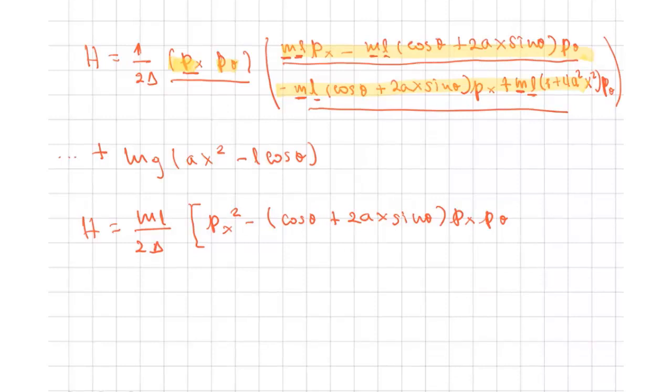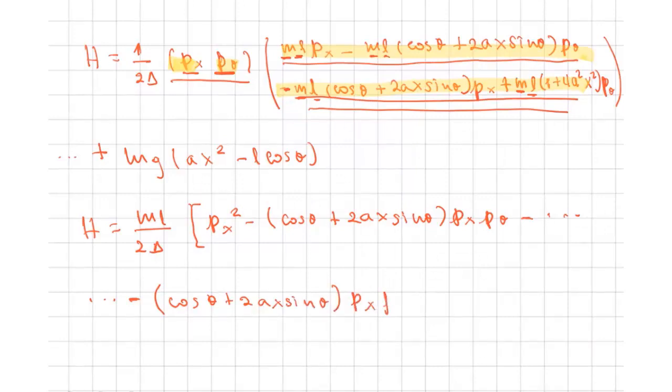Okay, multiplying p theta now with this, it would be minus cosine of theta plus 2ax sine of theta px p theta. All right.